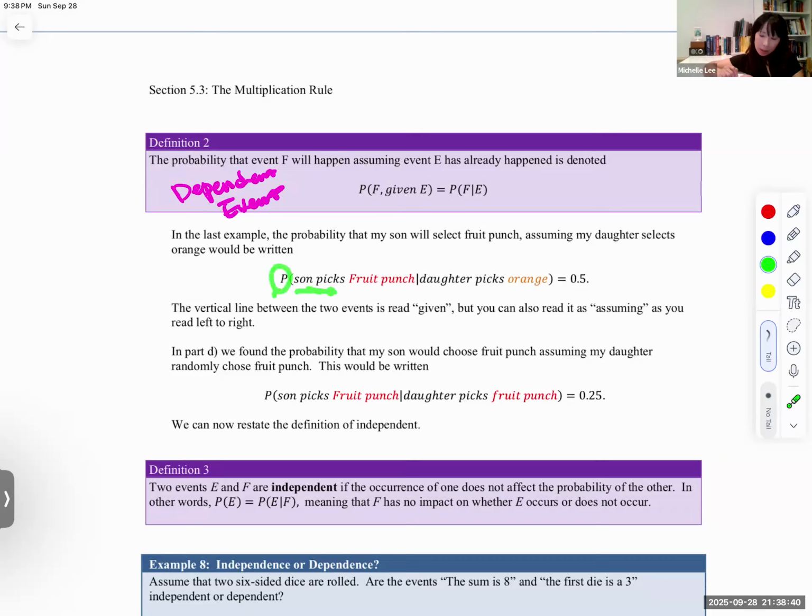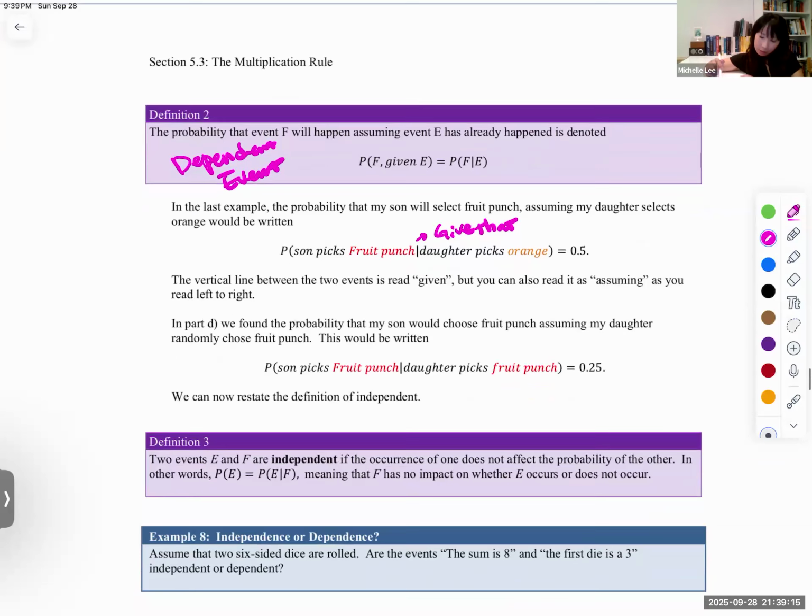What's the probability of someone picking fruit punch, given that, we read the vertical line as given that, the daughter picks orange drinks? That we found to be 0.5. And the probability of someone picking fruit punch given the daughter picks fruit punch equals 0.25, okay?